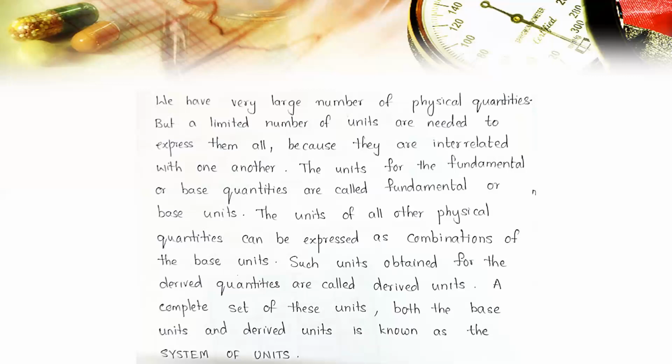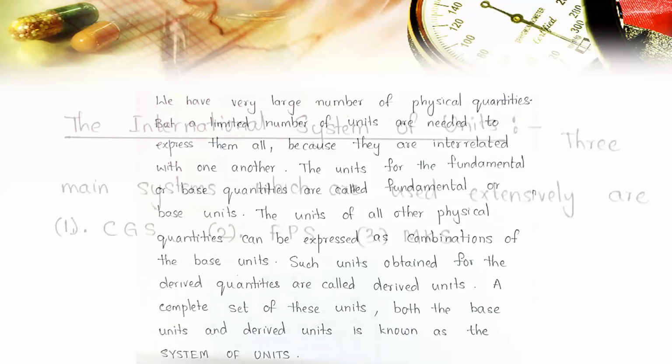A complete set of these units, both the base units and derived units, is known as a system of units. Those units can be base units or derived units, all of them together we call a system of units.